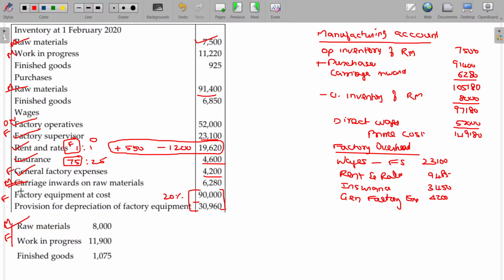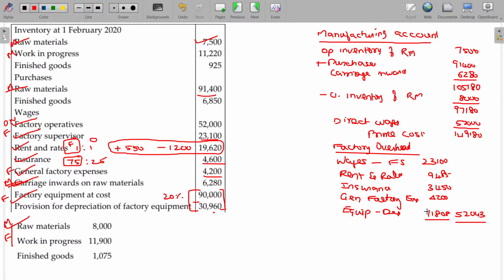And this one is already posted. And depreciation. Equipment depreciation. 90 minus 30,960, and 20% of that will be 11,808. Overall value 52,043.